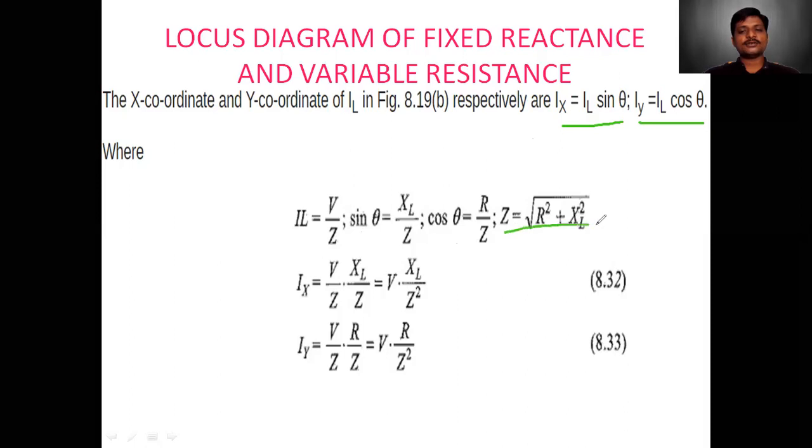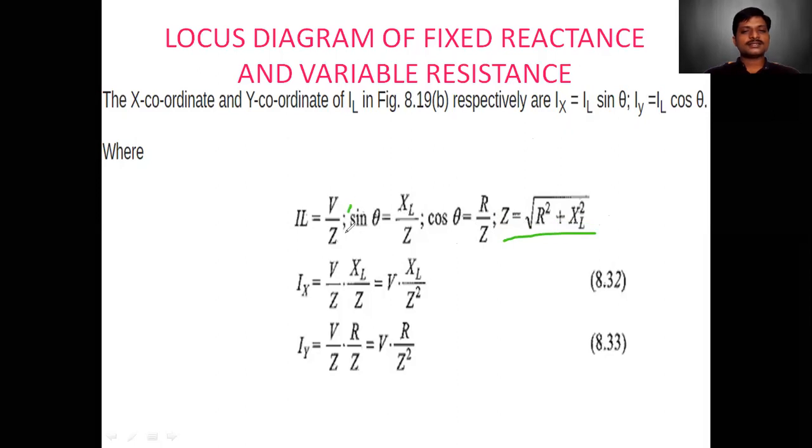As we know already, when resistance and reactance are given, impedance Z is equal to the root of R square plus XL square. This can be derived from the impedance triangle; you know it already.